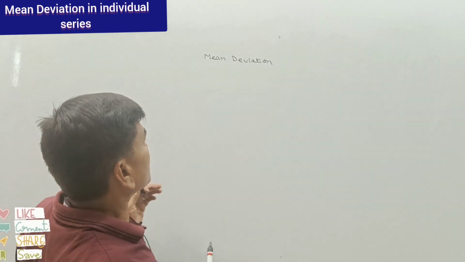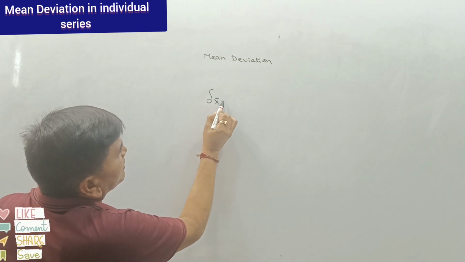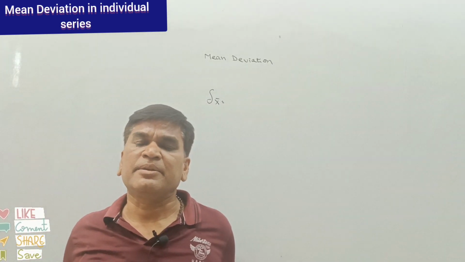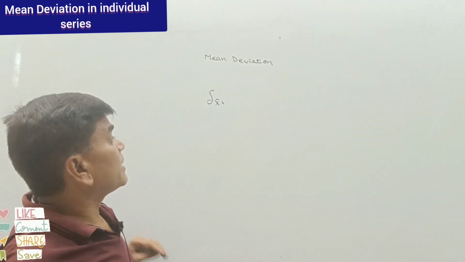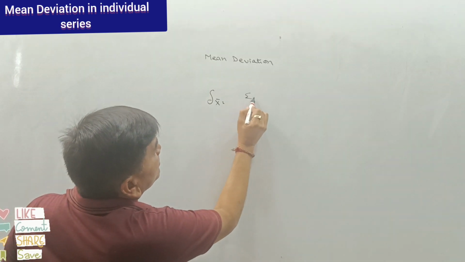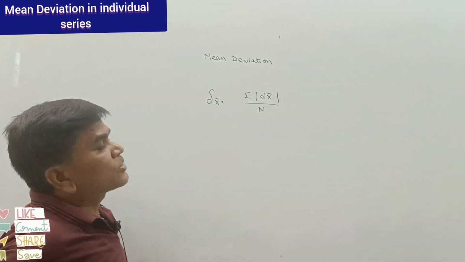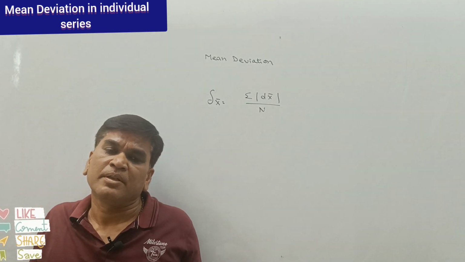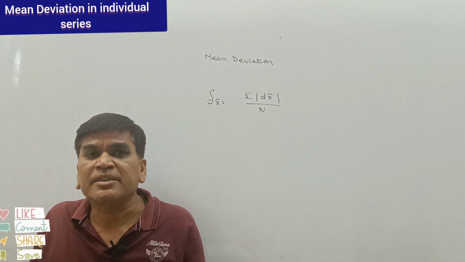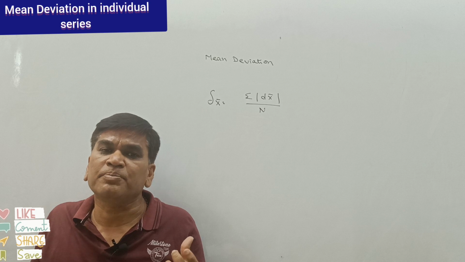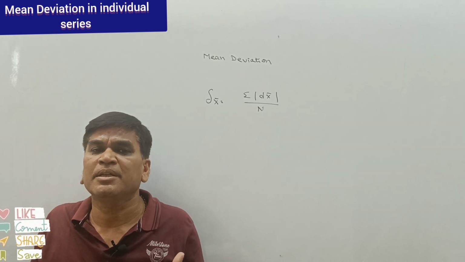Sigma is the symbol of mean deviation. Suppose I am to calculate mean deviation from the arithmetic mean, then I have to use sigma |dx| divided by n. So mean deviation is the arithmetic mean of the sum of deviations taken from the arithmetic mean.